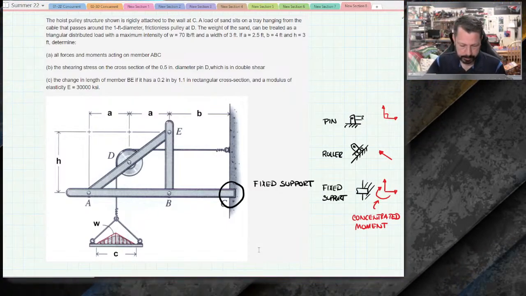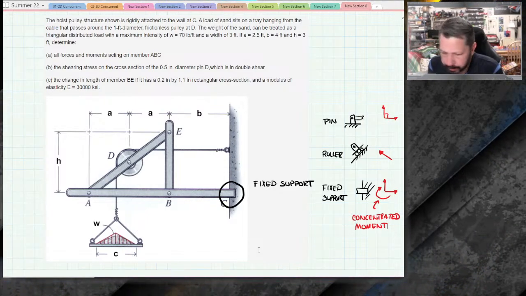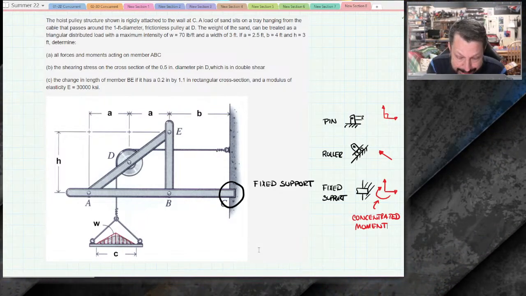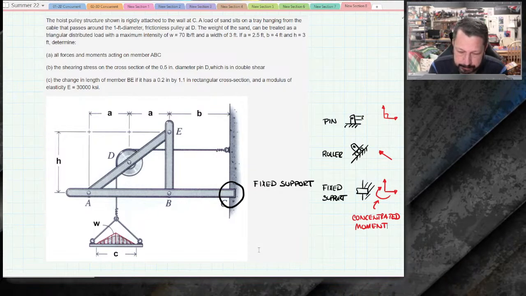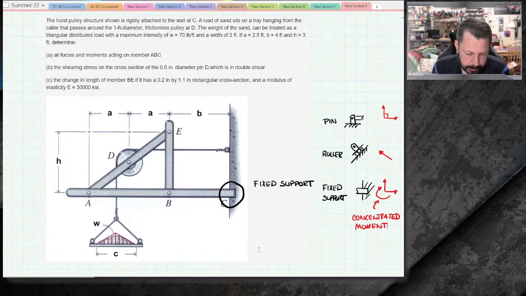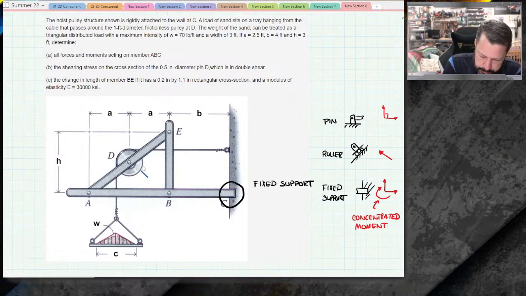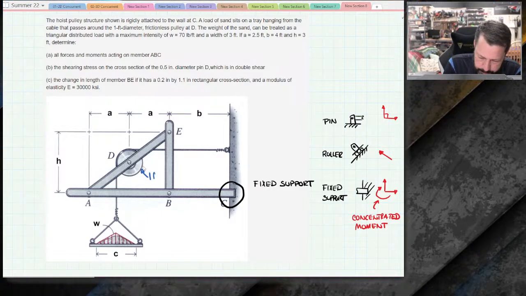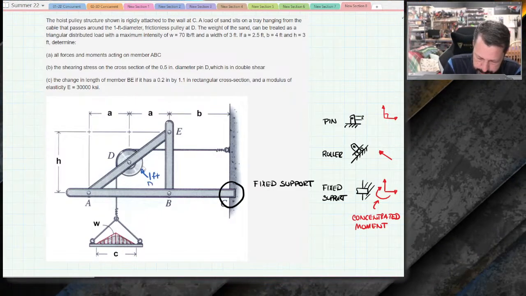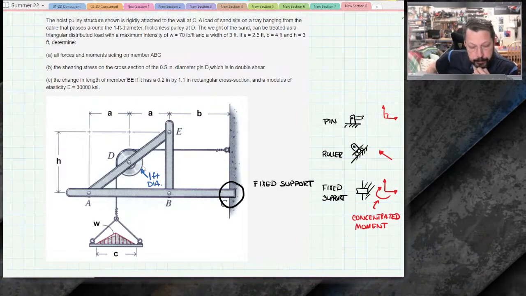All right, let's see what else it says. It also says a load of sand, so that's the little triangle thing here, sits on a tray hanging from the cable. It passes around a 1 foot diameter, so this guy is 1 foot diameter, frictionless pulley.